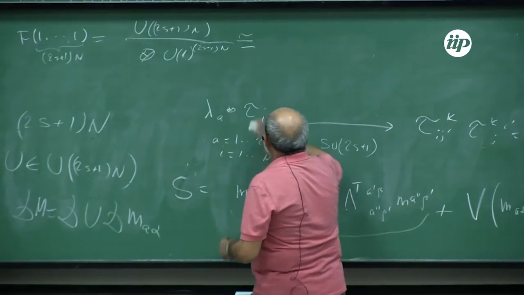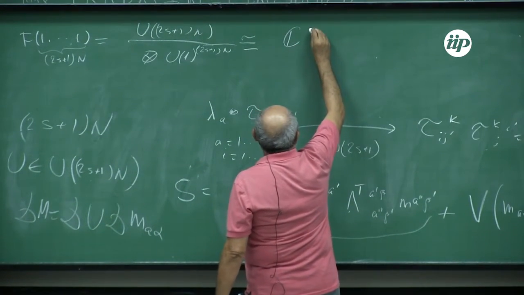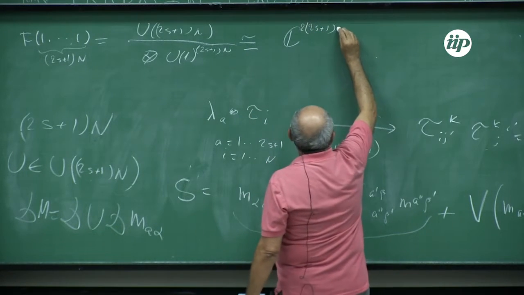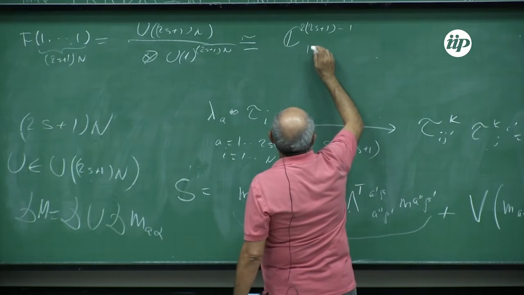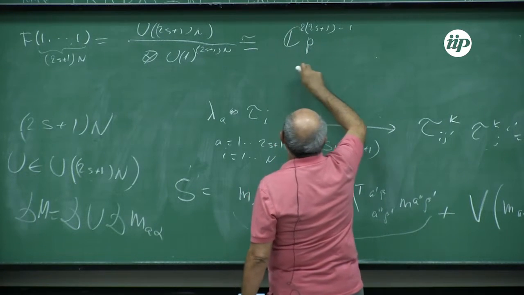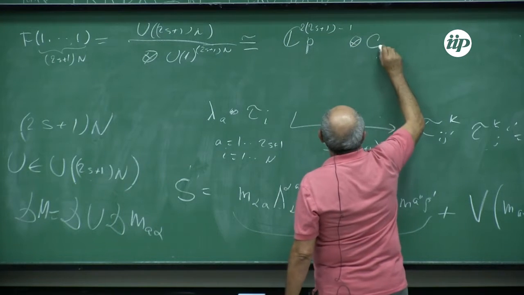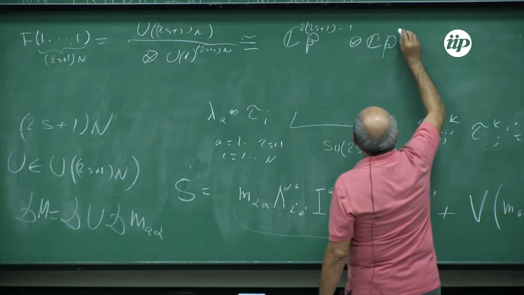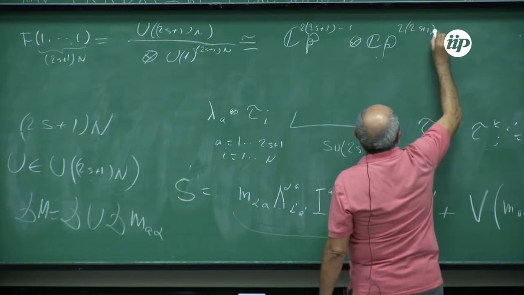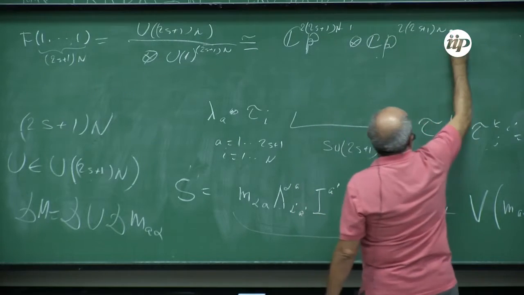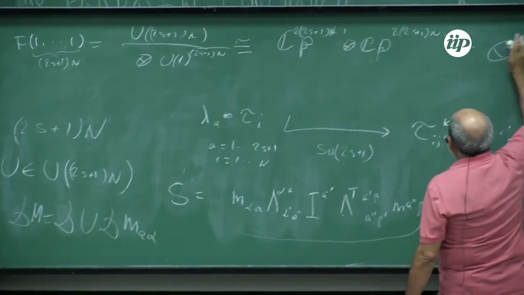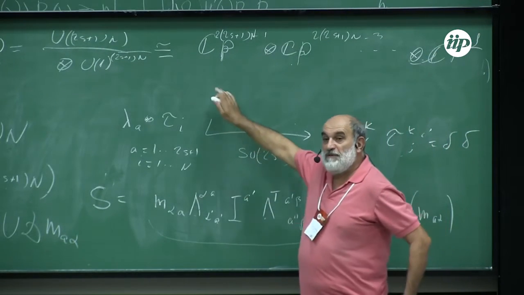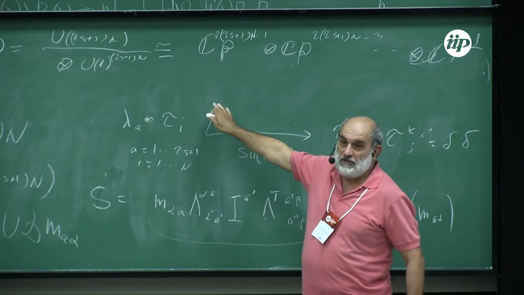One can express it as a CP^(2s+1) times CP^(2s+1)... up to the last one, CP^1, as a product of these complex projective spaces.